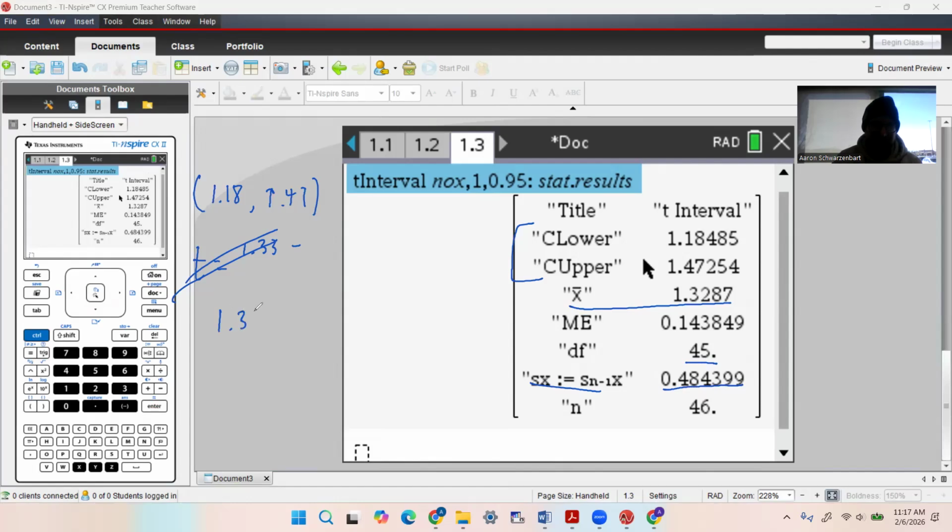So I guess you'd have to find the T star value. But you could find your T star value, fill it in, minus 0.484 over square root of 46. This really shows your understanding of the work and will definitely mean you're going to get all the points.